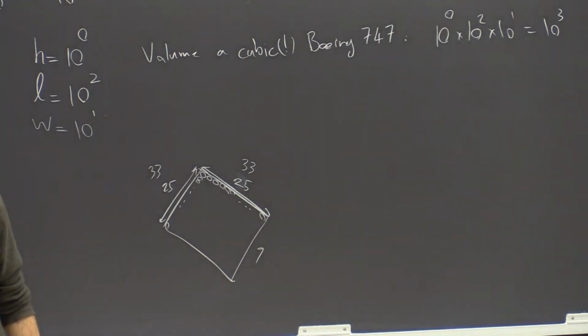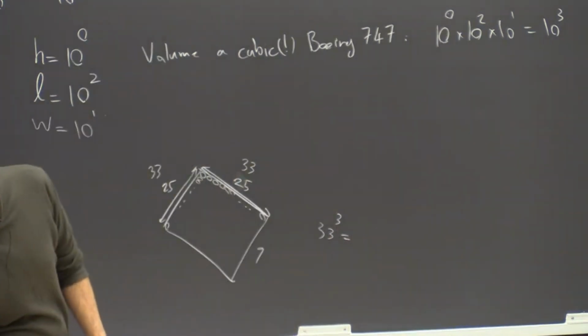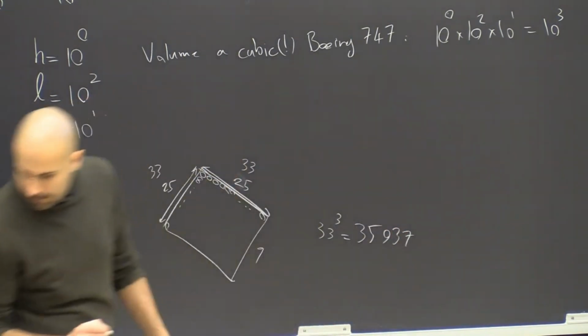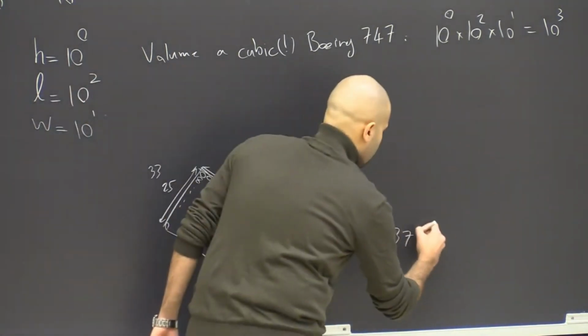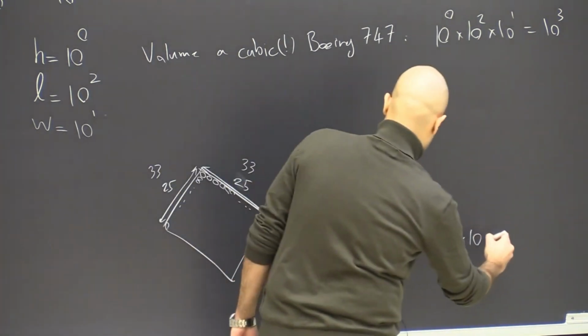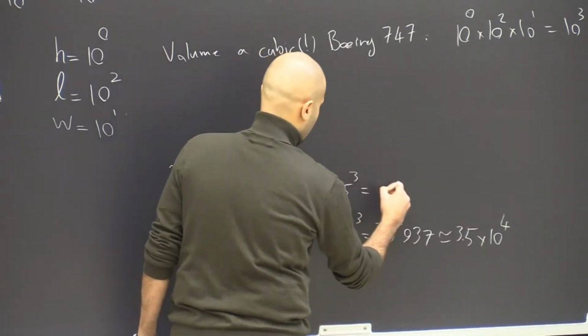Let's see. Yeah, 33 to the power of 3 is this, right? 25 to the power of 3, it was this.